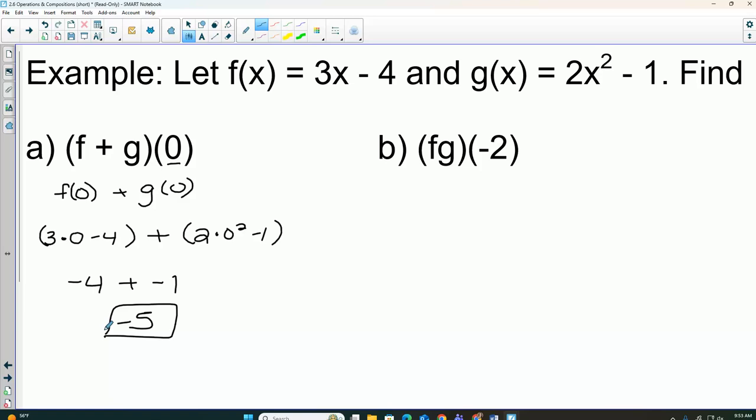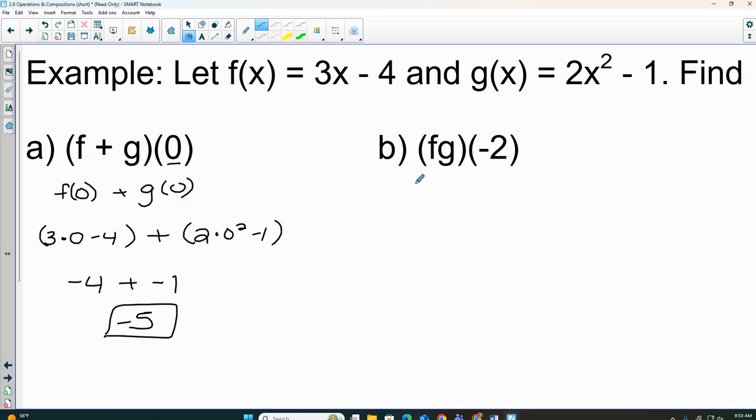The next one. F times g of negative 2. So what does f times g mean? Plug negative 2 in for each of them, and then we'll multiply our answers together.